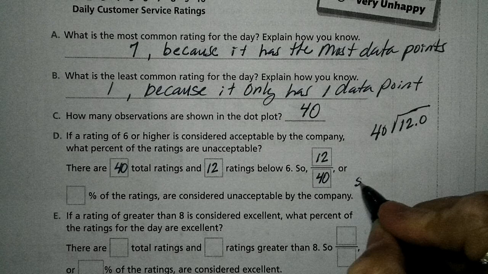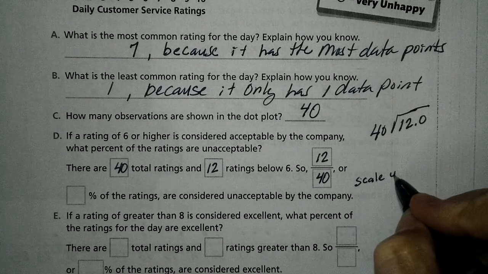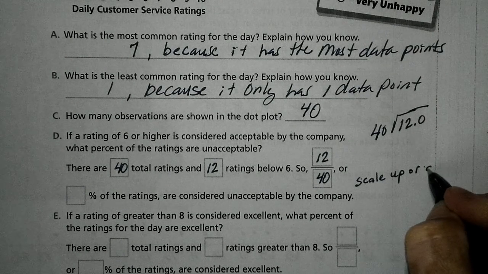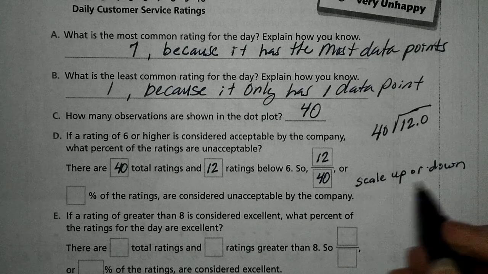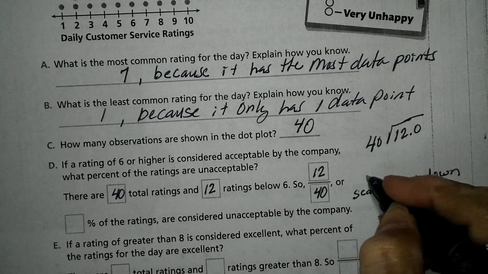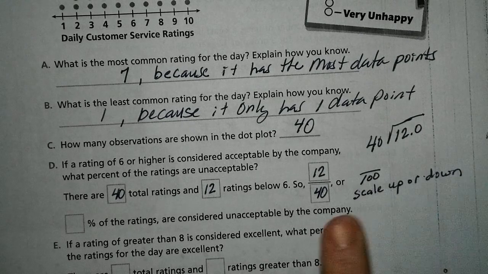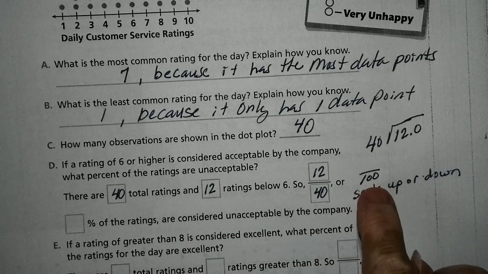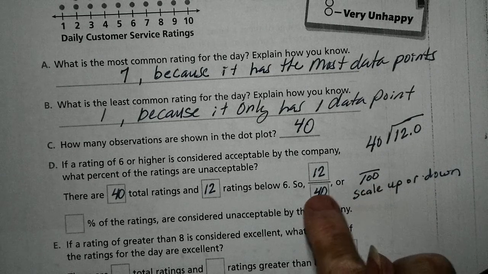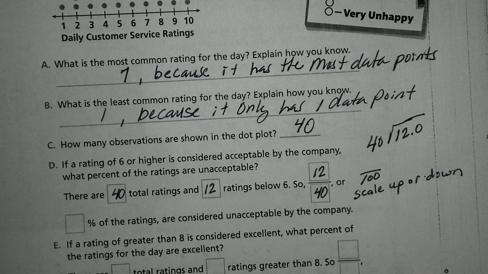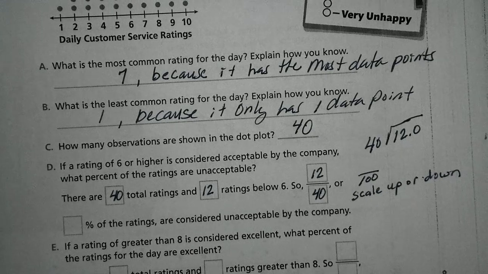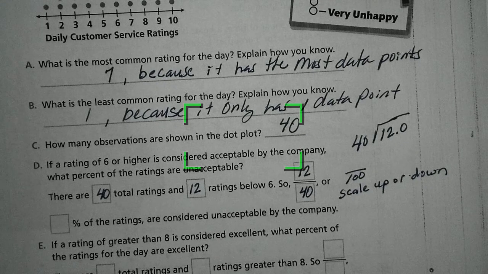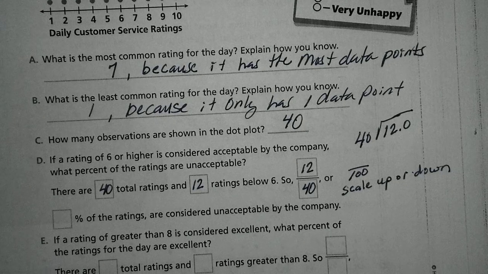So we could scale up or down, right? And we know we want to get to 100 because we know it's 100%. Does 40 go into 100 nicely? No, but if you divided 12 and 40 by 4, you could get that down to something over 10.